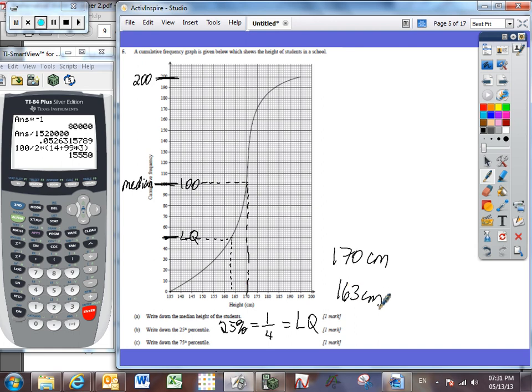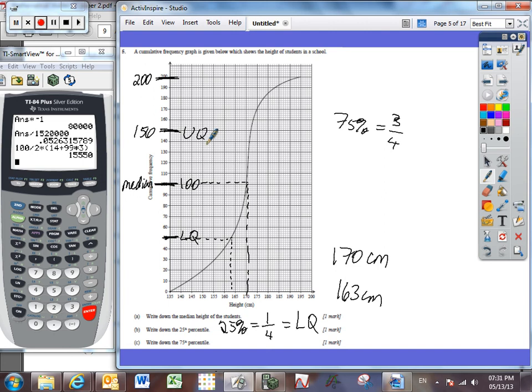And then it asks for the 75th percentile. 75% equals 3/4. And so 3/4 of the way up my frequency. And I'm always going to be measuring my ratios like median and 25% and upper quartile, stuff like that, on the vertical axis. So this one's at 150.